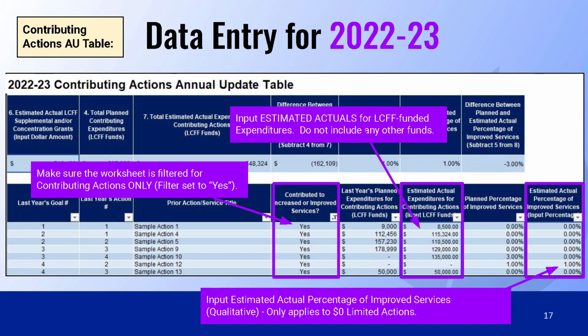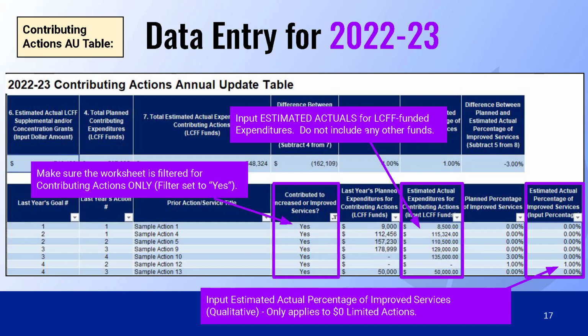However, on this table, you will only report your estimated actuals from LCFF funded expenditures. Do not include any other funds. Also, make sure on this worksheet it is filtered for contributing actions only. In other words, the column that says contributed to increased improved services, you're going to adjust the filter to yes.